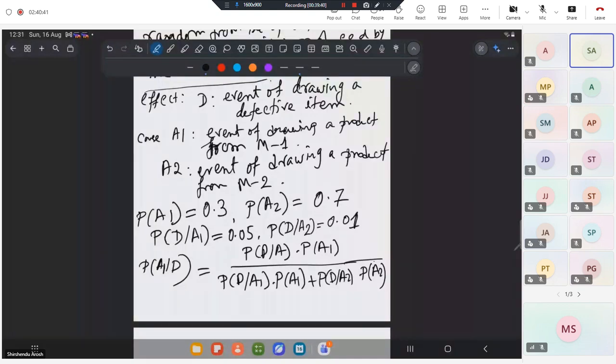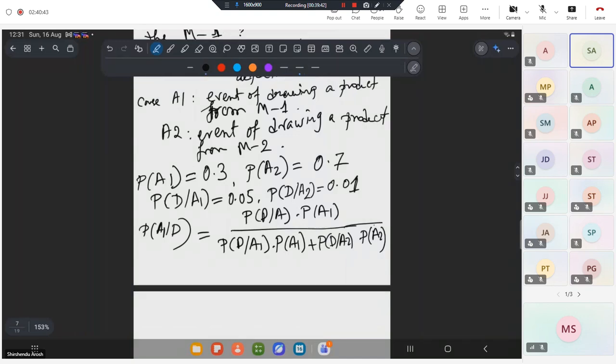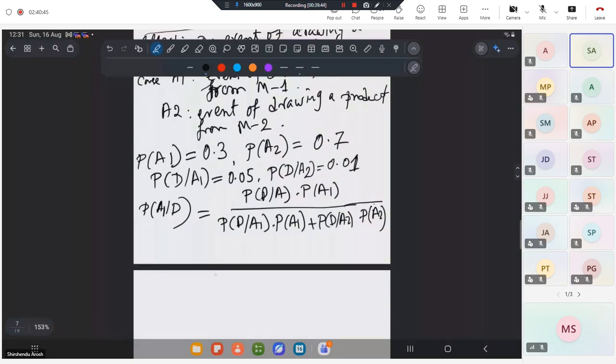So only two cases are coming. So just put the numbers. P of D given A1 is 0.05 multiplied by 0.3, divided by 0.05 multiplied by 0.3 plus 0.01 multiplied by 0.7.